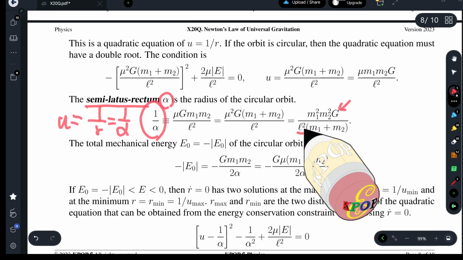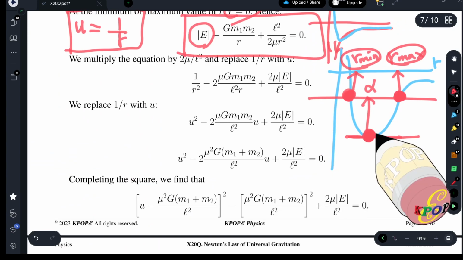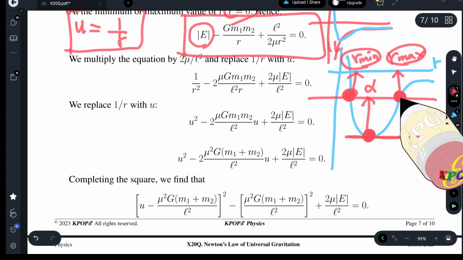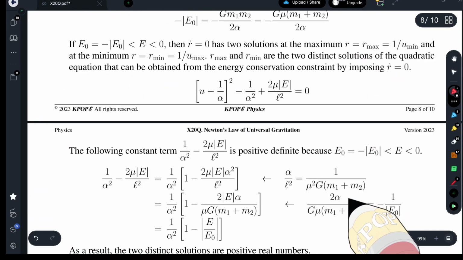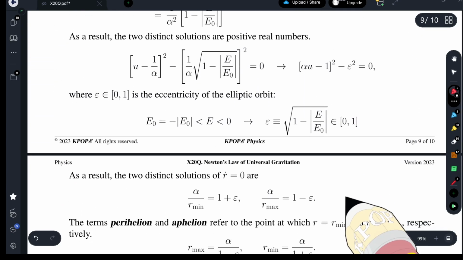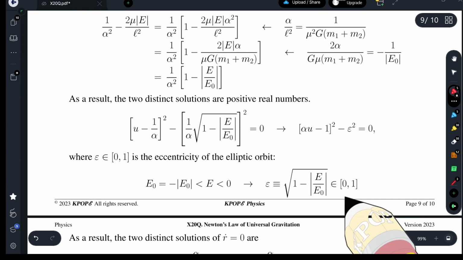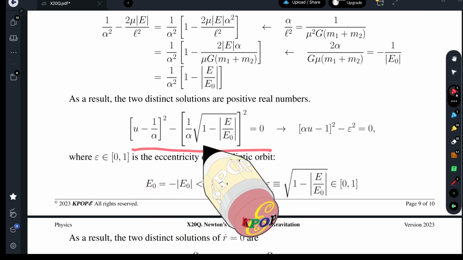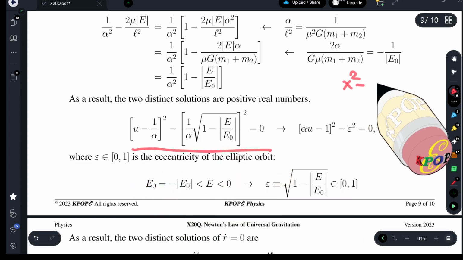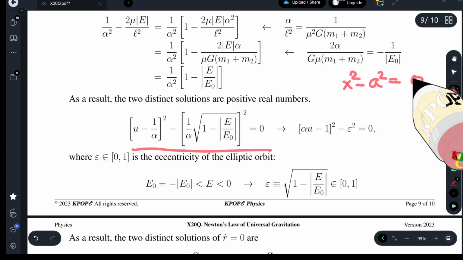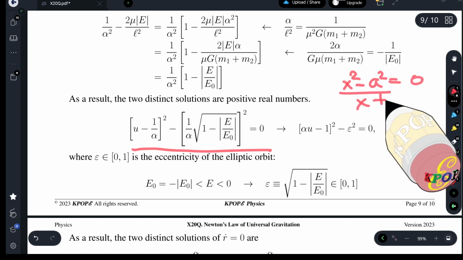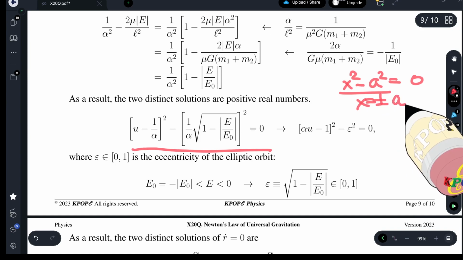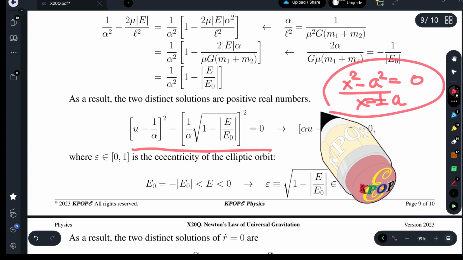Okay, if we increase the energy, then there will be two solutions of the quadratic equation, and the two solutions can be obtained by a simple form, something like x squared minus a squared equals 0. Then it will give plus or minus a, two solutions.